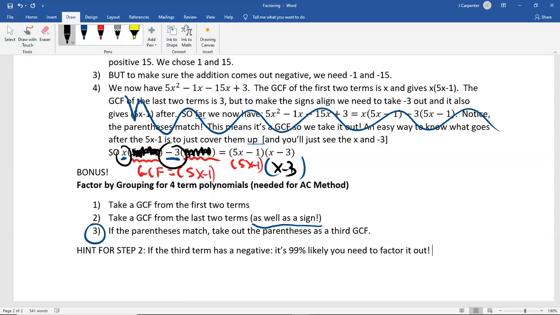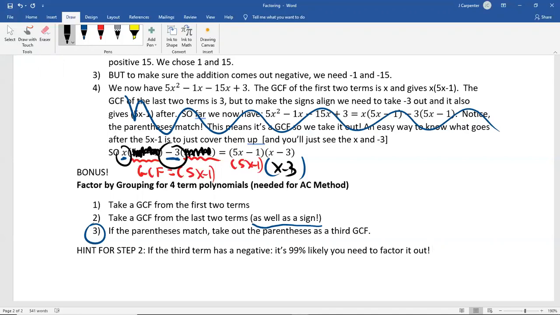I'm estimating with the 99%, but it's really close to all the time. So that's a super awesome hint for, all right, what sign do I take out for the last 2? Do I take out a plus or a minus? What you can do is what I call the productive struggle, where you just take out a plus, and if the parentheses don't match, go back and take a minus instead, because that'll probably fix it.